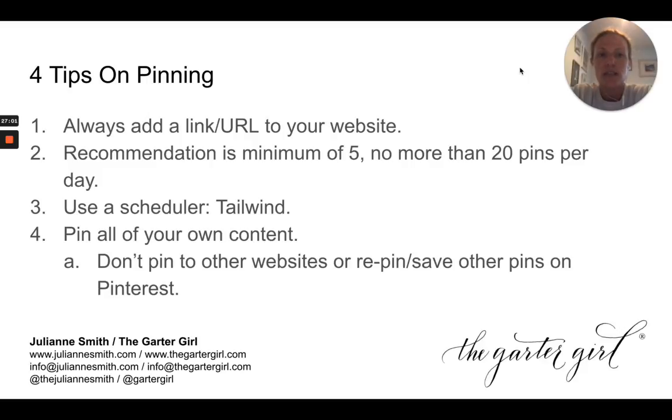You can take one wedding dress image. Let's say you have 5 wedding dress images, and let's say you put it on 5 different boards, right? With Tailwind, you can do that with one click. Say it's a sparkle wedding dress. With one click, you can take that same image, with its perfect title and its perfect description, and add it to the sparkle wedding dress board. Maybe you add it to your general board about wedding dress ideas. Maybe it's a ball gown style, so you add it to the ball gown board.